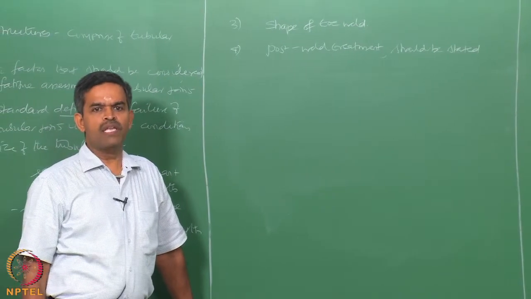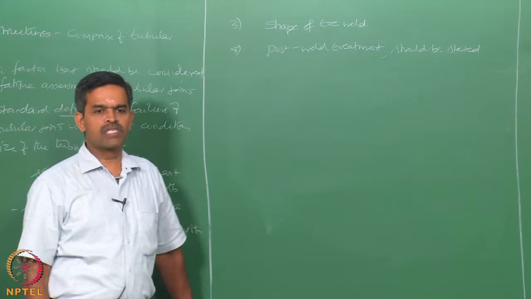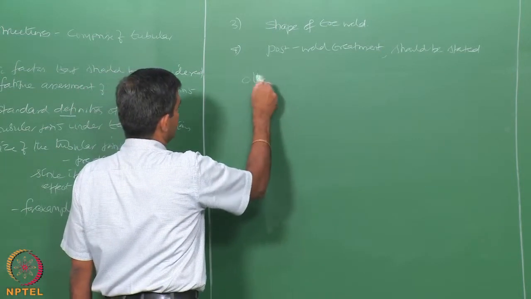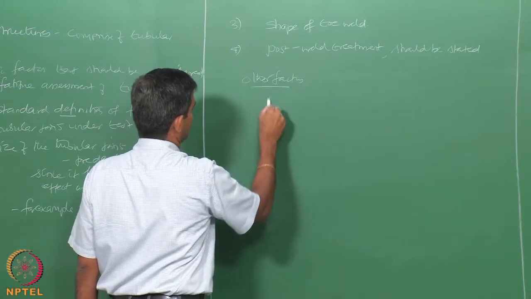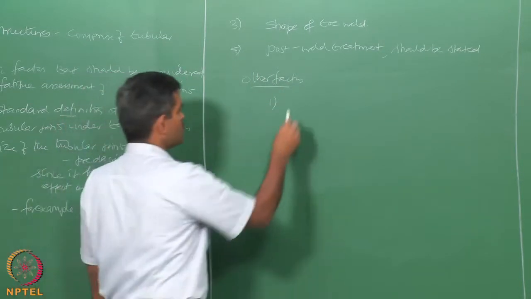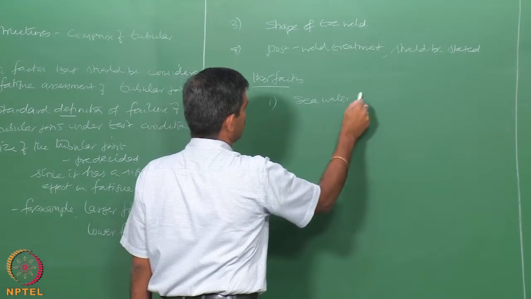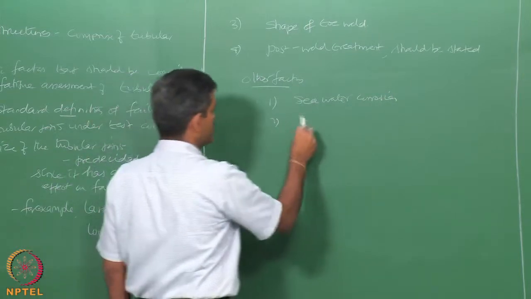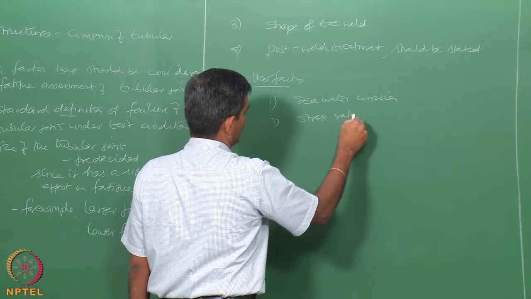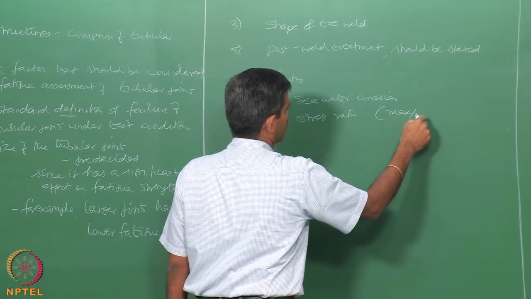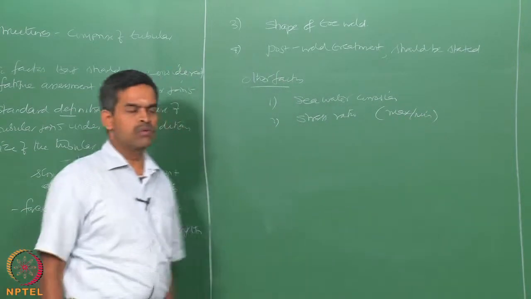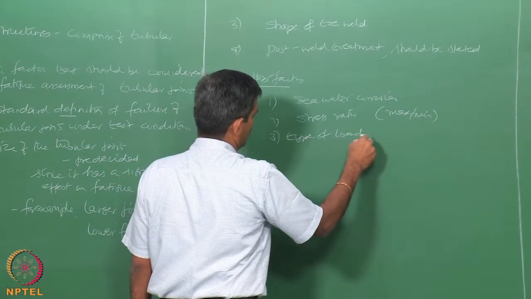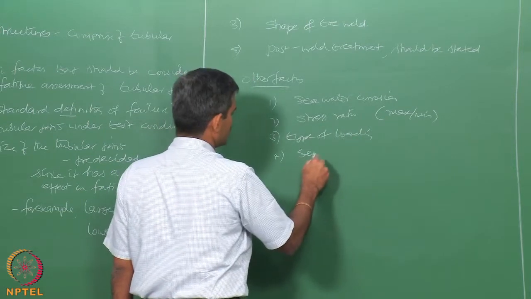There are other variables which can also influence the fatigue assessment of tubular joints. The other factors could be seawater corrosion, or the corrosion caused by seawater, the stress ratio, that is max to min, what is the range you are talking about, the type of loading, and the sequence of loading.